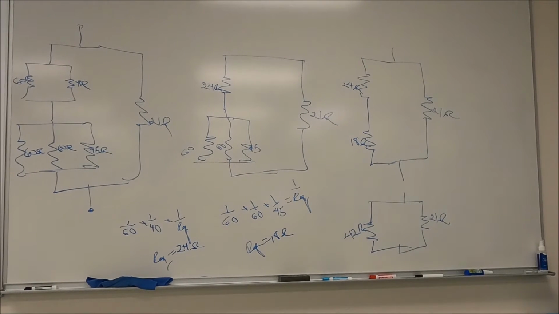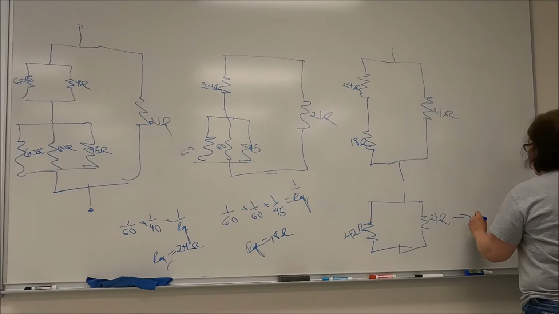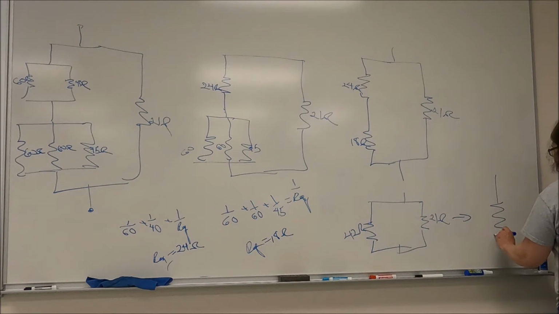Okay? So R equivalent for these two, to finally get down to one resistor, would be 1 over 42 plus 1 divided by 21, inverse of that. R equivalent is 14 ohms.